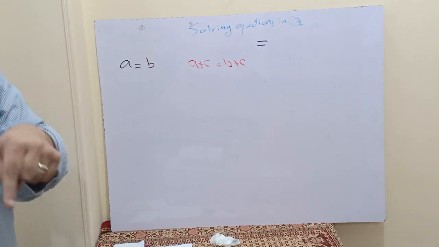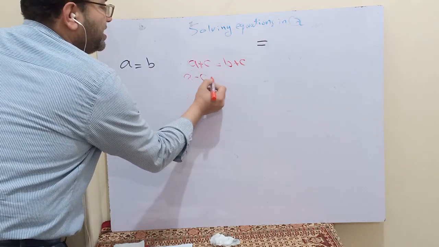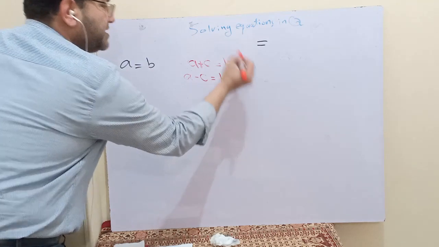Or we can subtract the same number from both sides: A - C equals B - C.